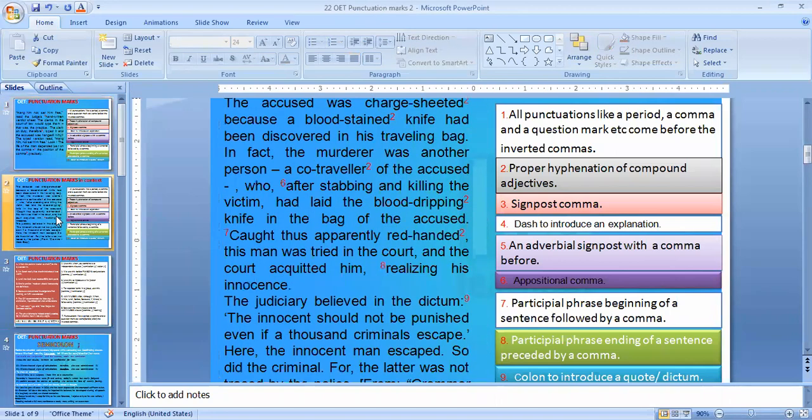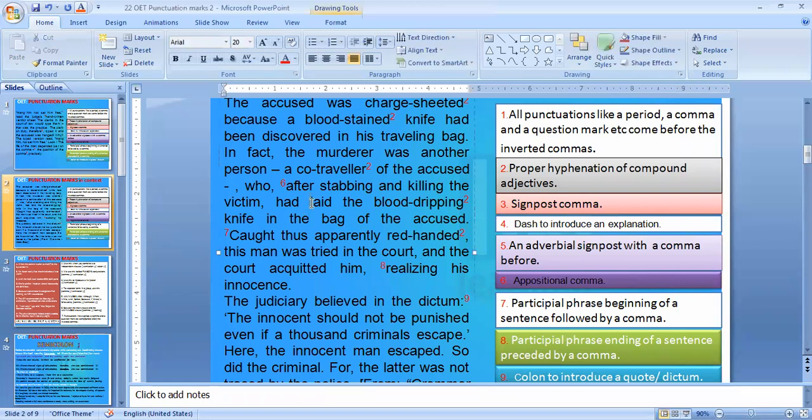The accused was charge sheeted because a blood-stained knife had been discovered in his traveling bag. In fact, the murderer was another person, a co-traveler of the accused who, after stabbing and killing the victim, had laid the blood-dripping knife in the bag of the accused. Please note the word laid, L-A-I-D. People get confused between L-A-I-D and L-I-E, L-A-Y.